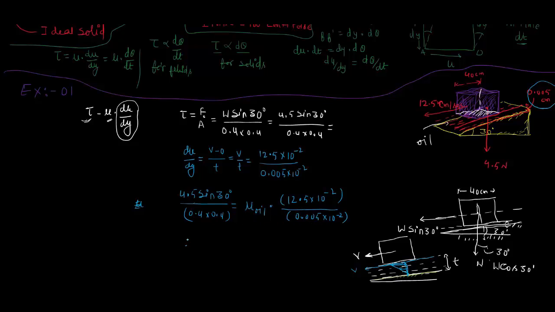So the mu of oil will be, let me calculate, so this value will be around 0.0056 Pascal second, or in terms of poise this will be equal to 0.056 poise.